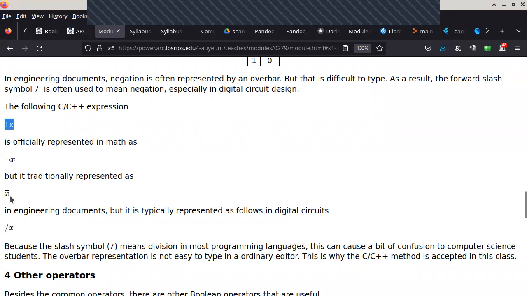And traditionally in electrical engineering, they would use an overbar. And when you describe the same thing in a circuit, they would use a slash. So those are the 2 representations used by electrical engineers. In this class, this is the way I would do it. As a shorthand, so it's easy to type, I'm just using an exclamation point to mean logical negation. Is that okay?